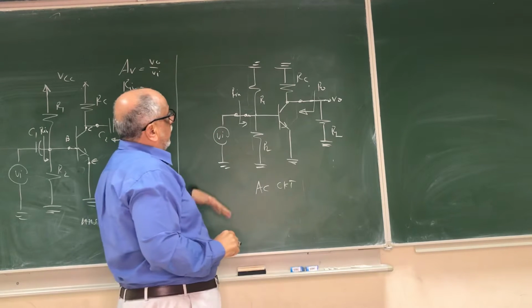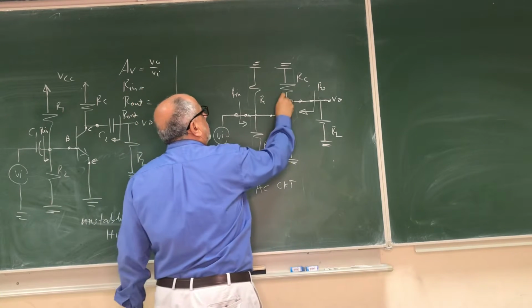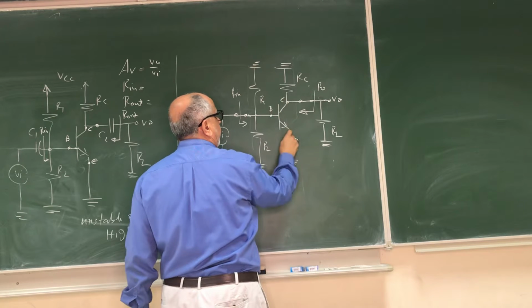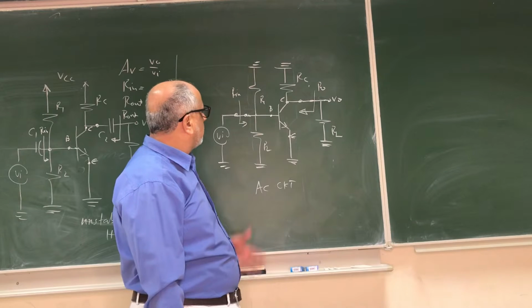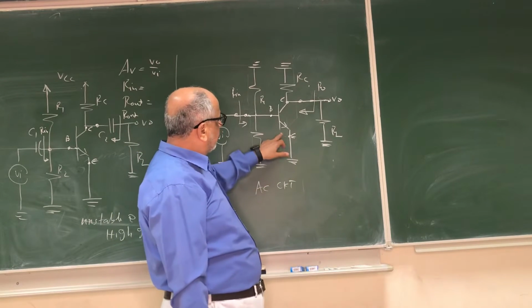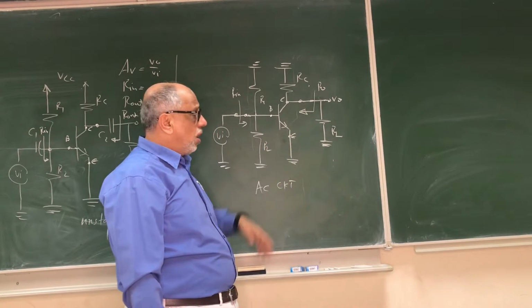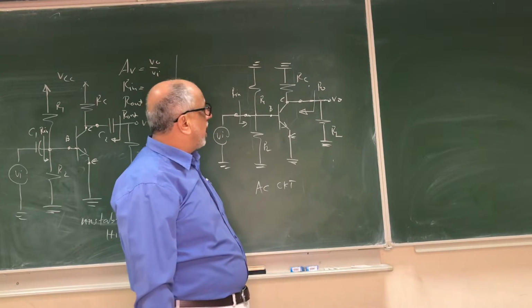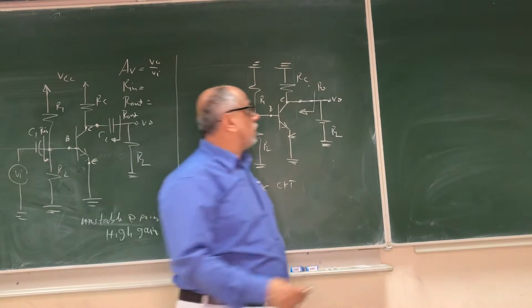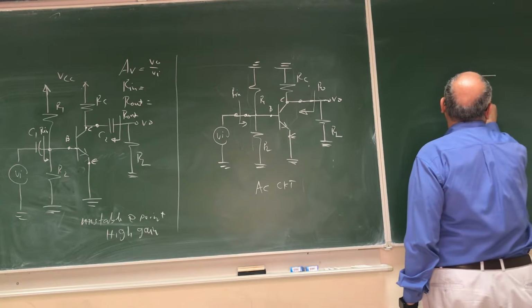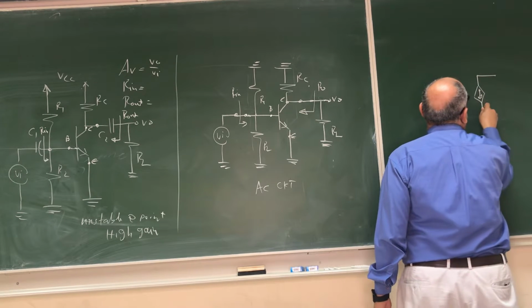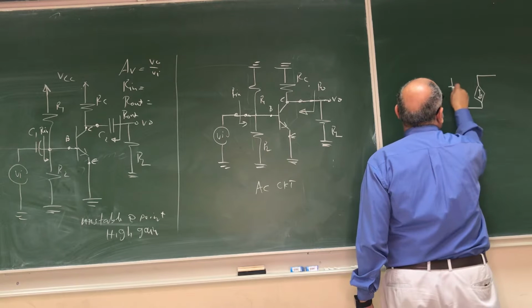Now, to do the analysis, we have to replace the transistor by its equivalent circuit, small signal equivalent circuit. So in this case, since the emitter is grounded, it is easy to use the hybrid-pi model of the transistor, right? So if we look at the transistor, we can just replace it with its equivalent hybrid-pi circuit.